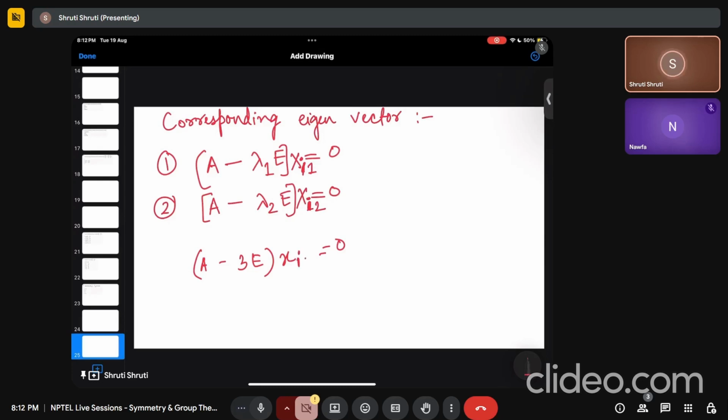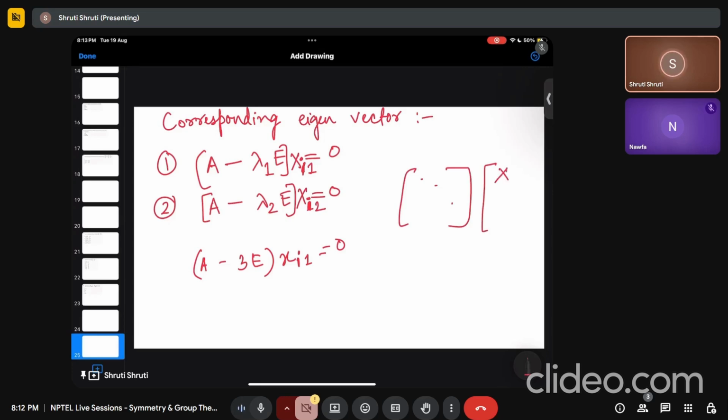So, x_i1. i will go up to 1 to 3 because this is a 3 cross 3 matrix, so it will have 3 elements.